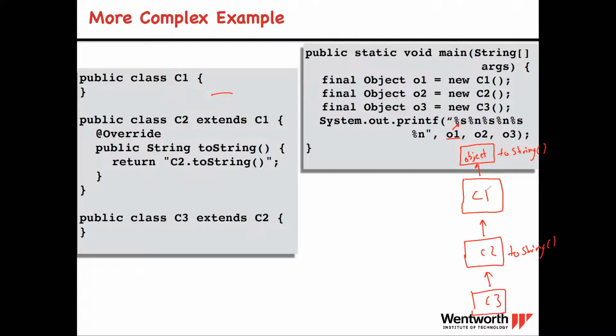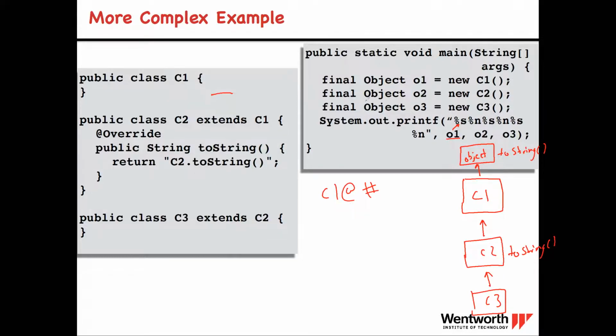No. We can come over to our inheritance picture and say there's no toString here. So what do we do? We go up our chain to the next one, and we see Object. This does have a toString. So the output here would be something like C1 at and then a number, because it's going to use the Object version of toString.